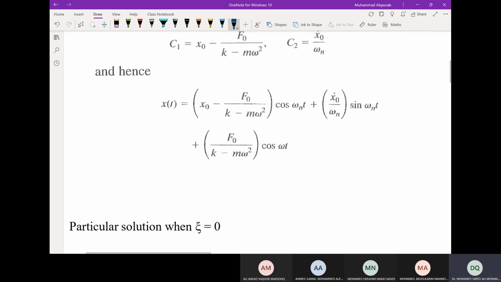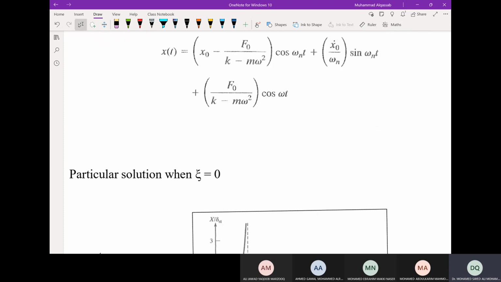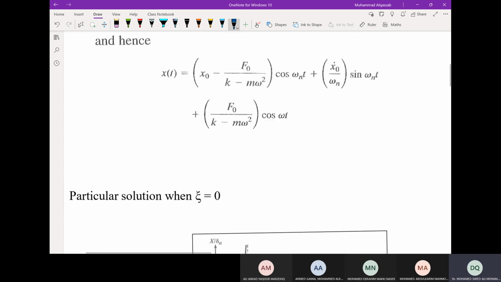And you can substitute to get x at t equal to x0 minus f naught over k minus m omega squared, times cosine omega n t, plus x0 dot over omega n sine omega n t, plus f naught over k minus m omega squared cosine omega t.